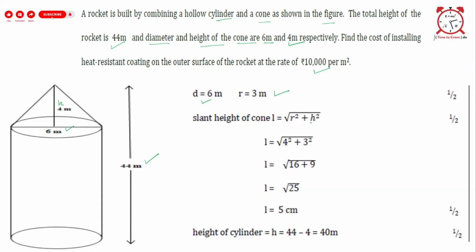Again we calculate the slant height of the cone using the radius and height, and we get L equal to 5 meter. Now the height of the cylinder: total height is 44 and height of the cone is 4 meter. Consider meter here, student, so 40 meter is the height of the cylinder.